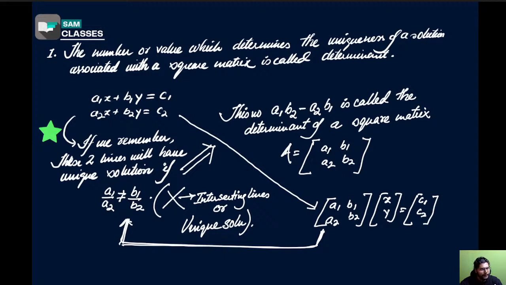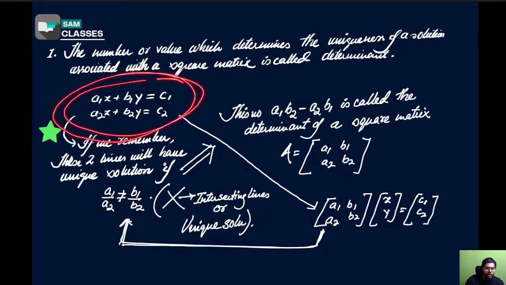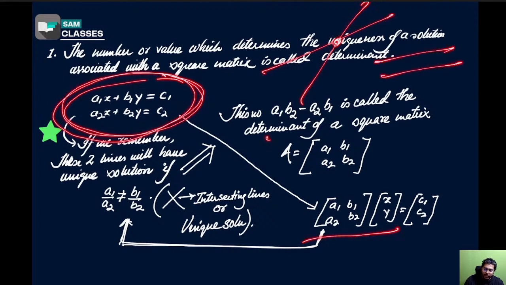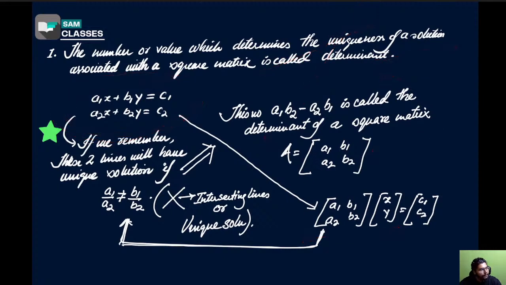Now, how do we understand all that and what is the use of it? We'll try to understand with this equation. You remember in class 9th and 10th we used to do linear equations in two variables, and these two represent two lines. If they're intersecting, one solution. If they're parallel, no solution. If they're overlapping, infinite solutions. Correct?